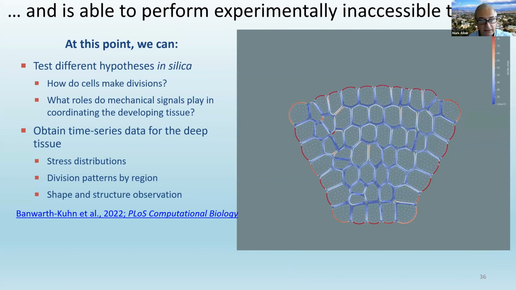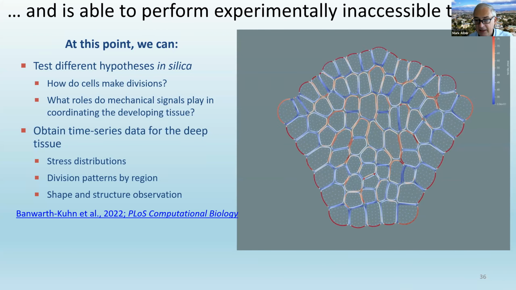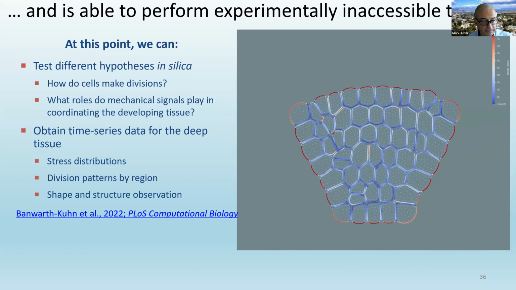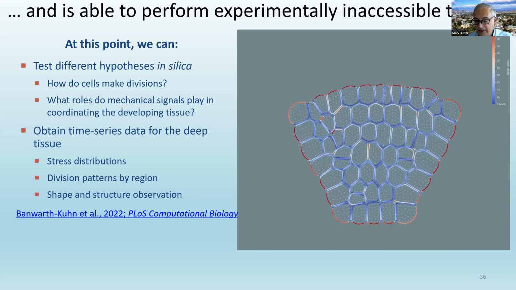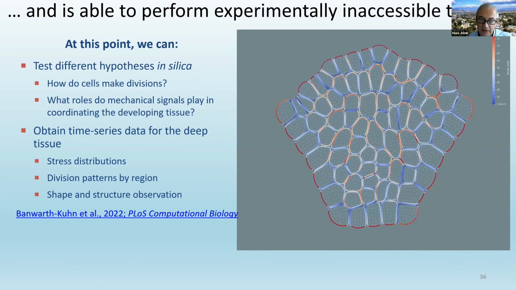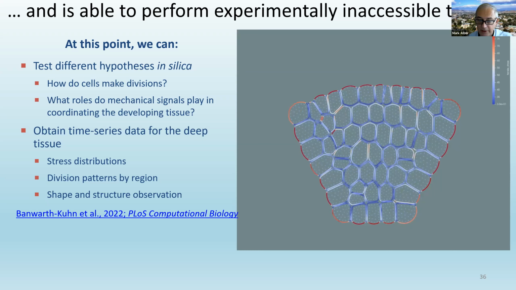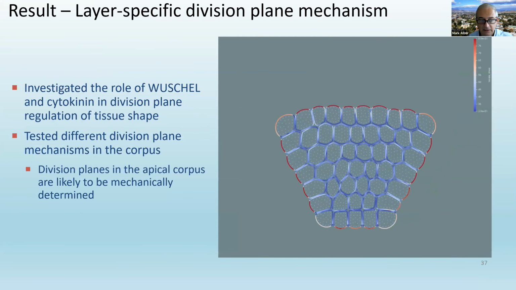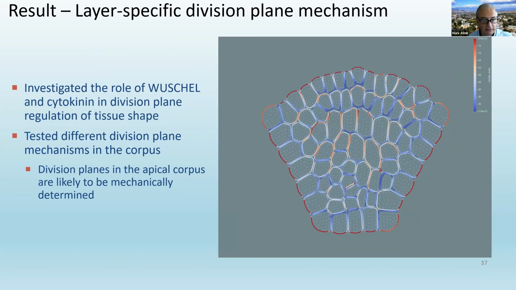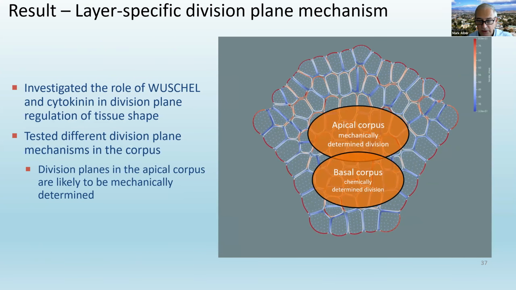So we tried testing different mechanisms, and we can also use this model for testing hypotheses about polarization of cells. And so we looked at distribution of Wuschel, and we realized that, and that's the prediction.